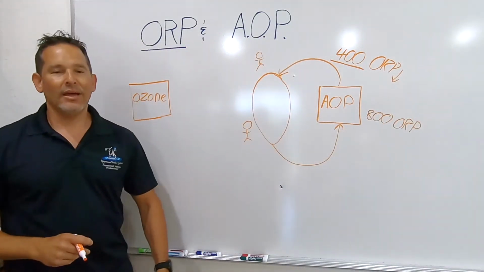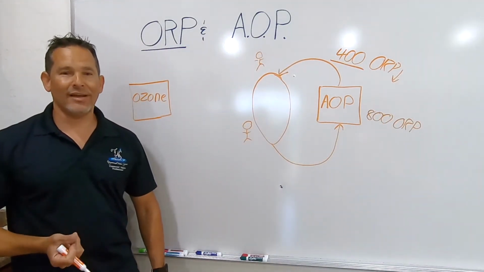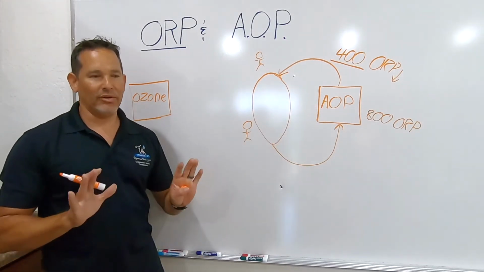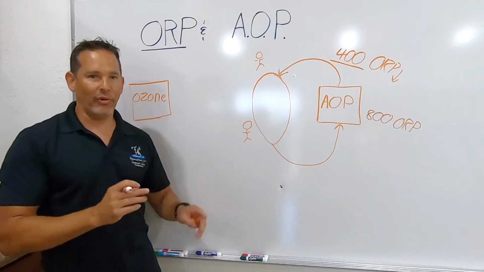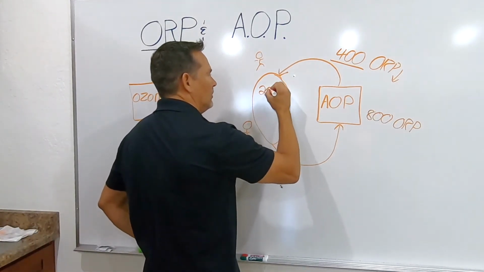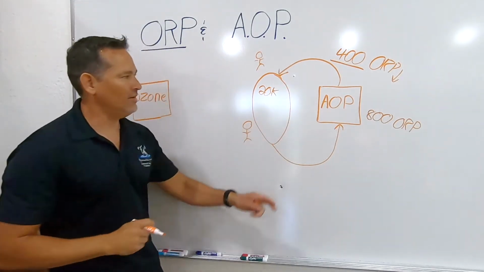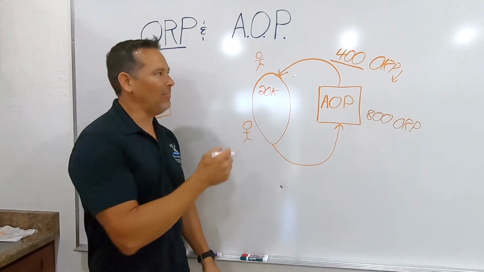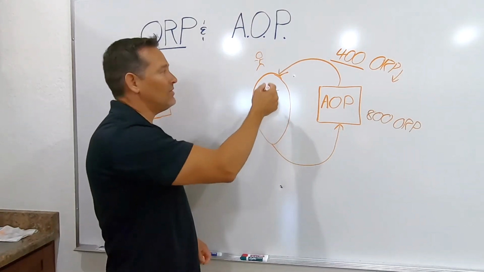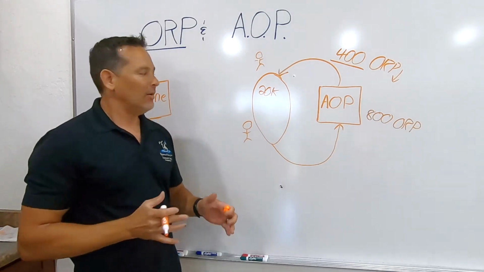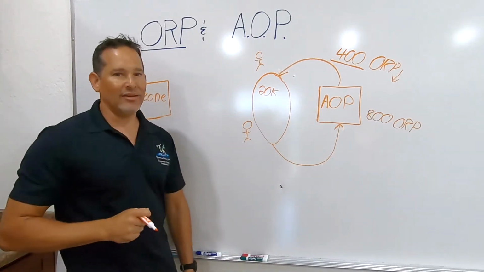Which means I am going to have to add a sanitizer because there's no way I'm going to keep up. This system, and I'm going to talk really quick about turnover rate. Let's just say this is 20,000 gallons. This system would have to turn over extremely fast in order to keep this water clean enough to suffice all these people's dirt, oil, debris, sweat, urine, that they're adding to this body of water.